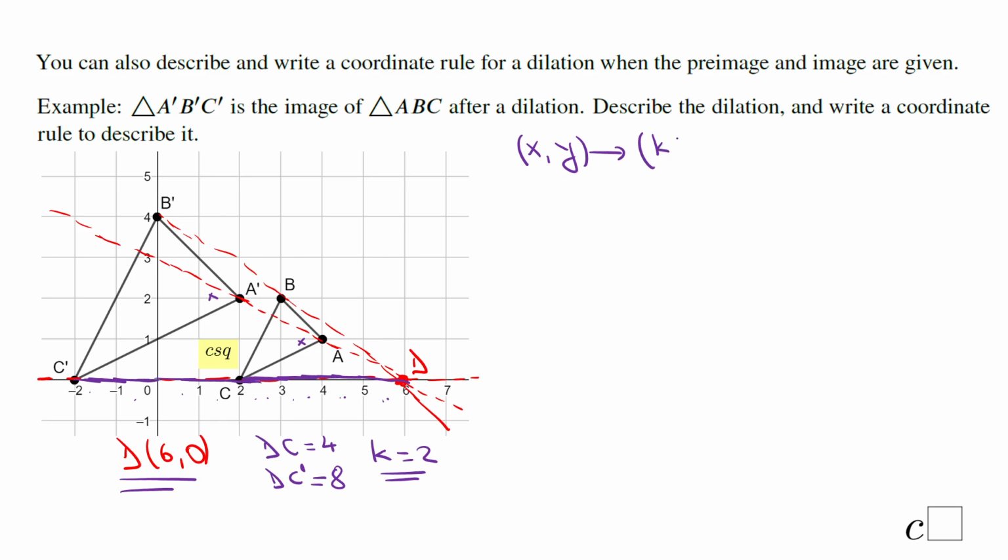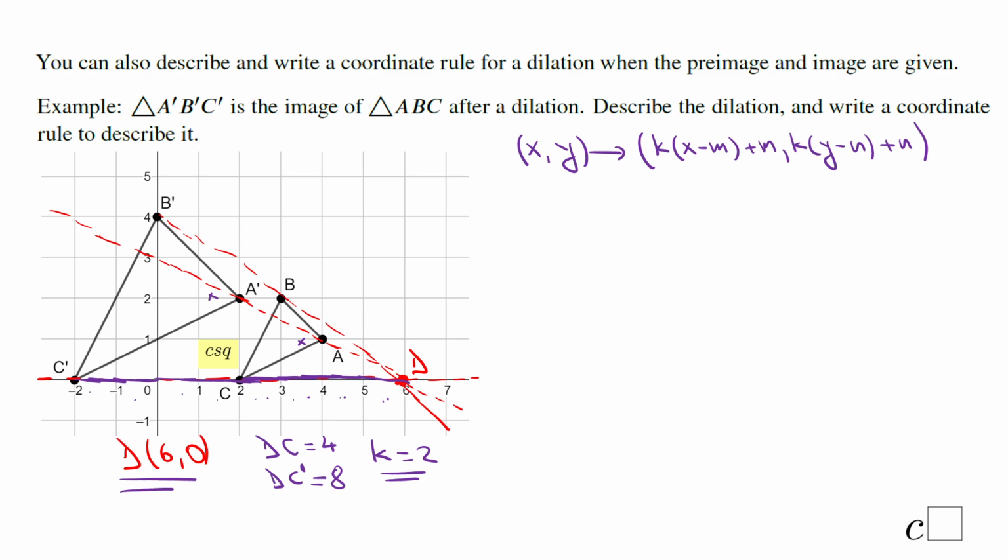So again, K times (X minus M) plus M, and K times (Y minus N) plus N, right? This is the formula, and we can just plug these things in. But by the way, this is a graphical way.